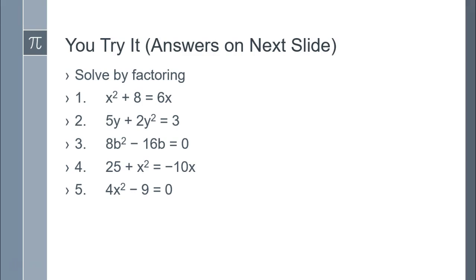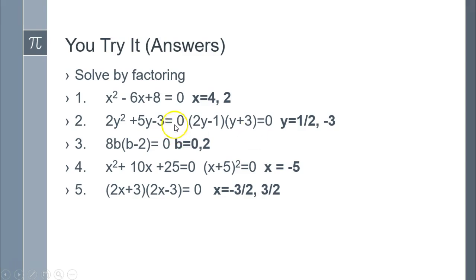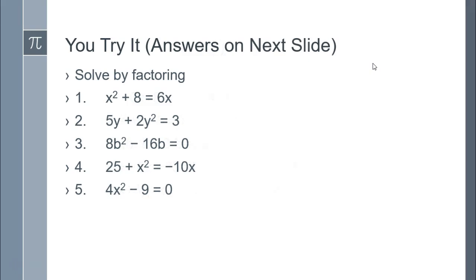All right, you're back, and I'm going to assume that means you tried these. So let's look at the solutions. The first thing you had to do in the first one was move the 6x to the left side so that you'd have 0 on the right. You don't always have to put the 0 on the right.